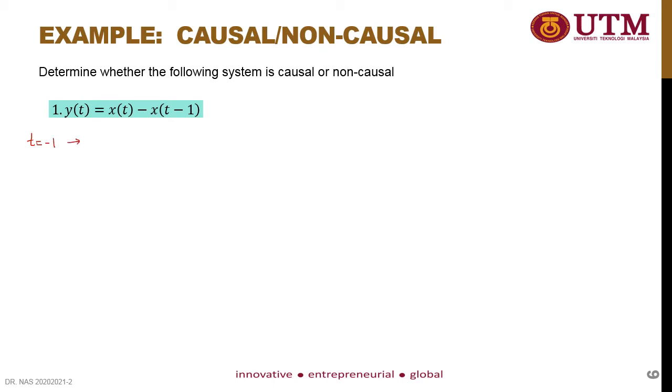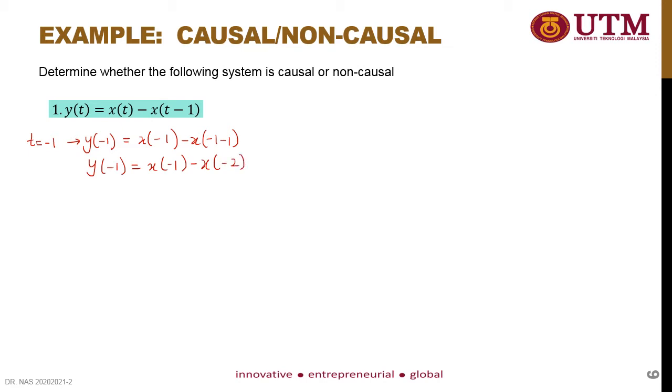So what happened to your y? y(-1) equals x(-1) minus x(-1 minus 1), so you get y(-1) equals x(-1) minus x(-2).